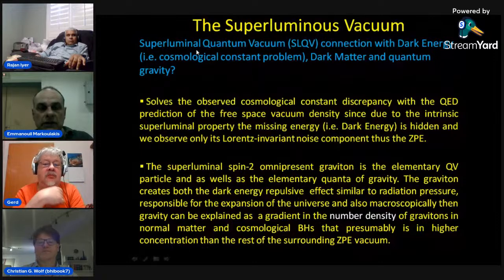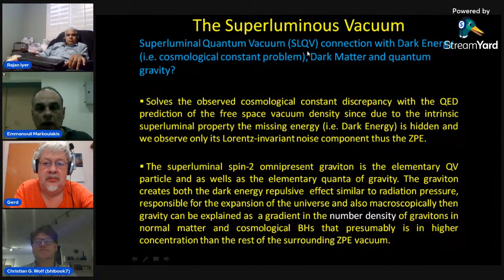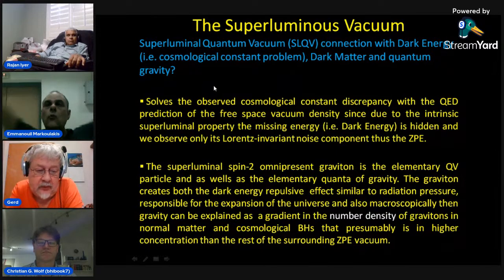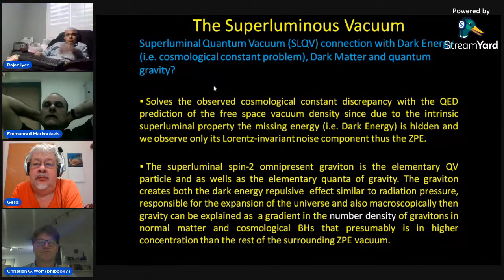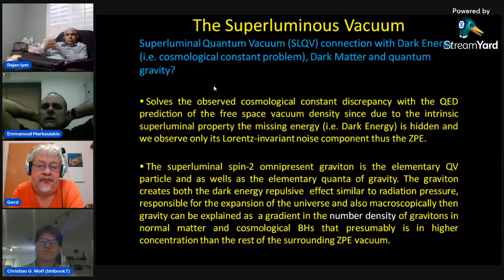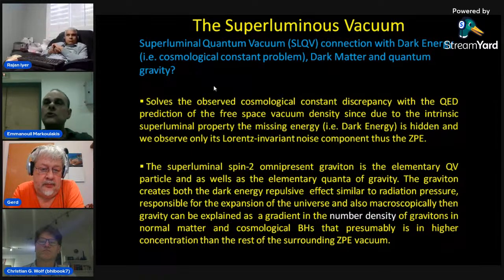We will now discuss the superluminal quantum vacuum connection with dark energy, aka the cosmological constant problem, dark matter, and quantum gravity. By assuming that the vacuum is superluminal energy and its fundamental particle is the superluminal graviton, this actually solves the cosmological constant problem.